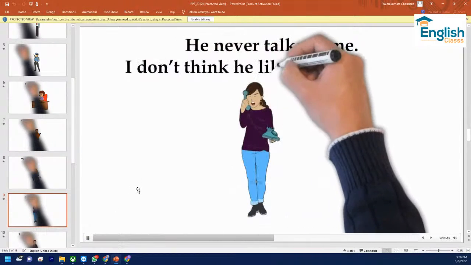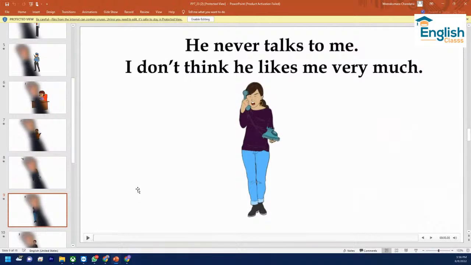Look at this example given here. He never talks to me. This is a singular sentence. The subject he is singular. So we have added S sound to the verb. He talks. He never talks to me.